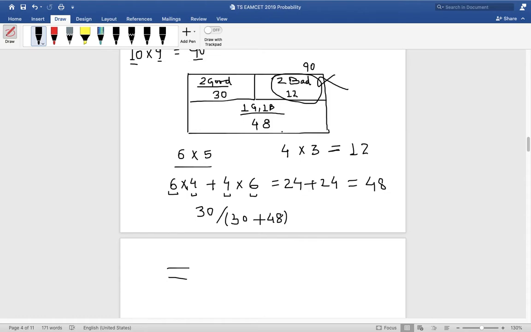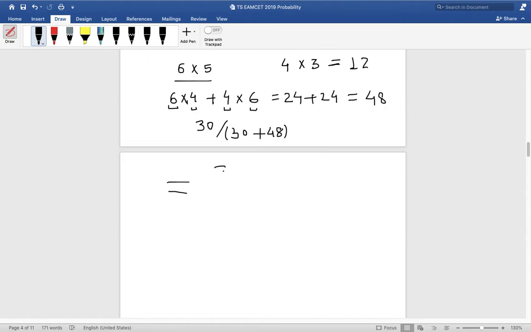So either we are here or we are here. And now he's asking what is the probability that the second mango is also good. So I need this in the numerator and the denominator will be total possibilities, which is 30 and 48. 30 plus 48 is 78. So 6 times 5 is 30, 6 times 13 is 78. So 5 by 13.